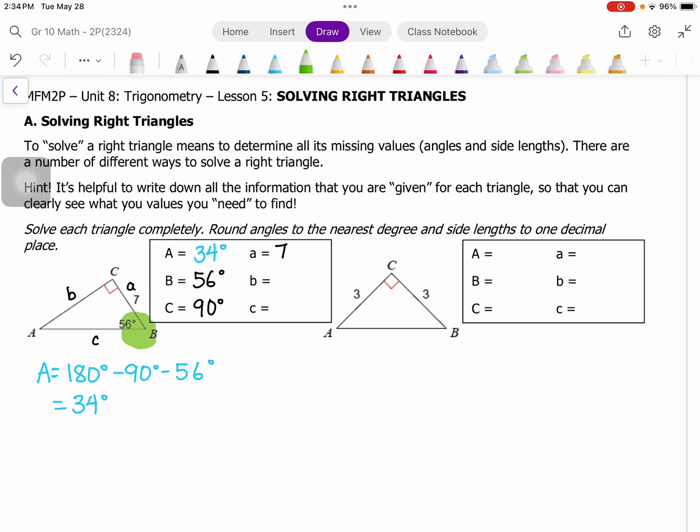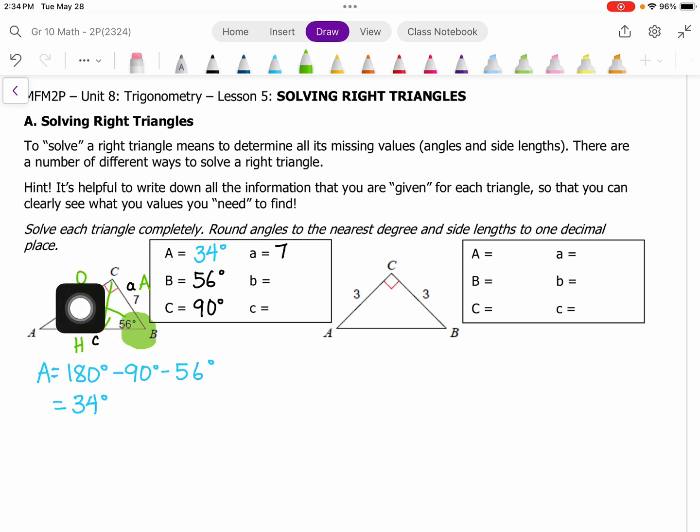So across from the right angle is the hypotenuse, and across from the reference angle is the opposite, and the last side, the one beside the reference angle that is not the hypotenuse, is the adjacent. So if I need to solve for side length b, I need the opposite, and the other piece of information I have is the adjacent, a, using angle B, the 56-degree angle.